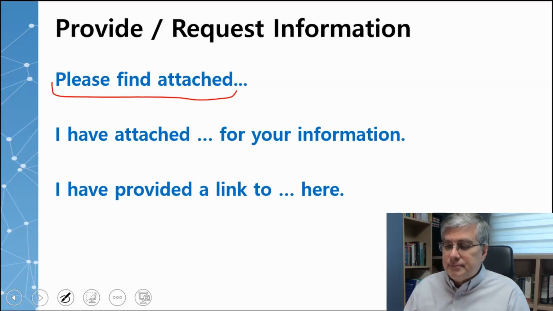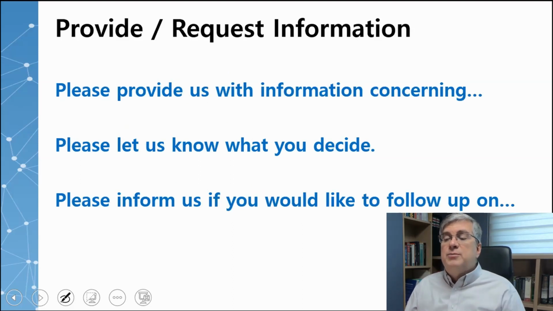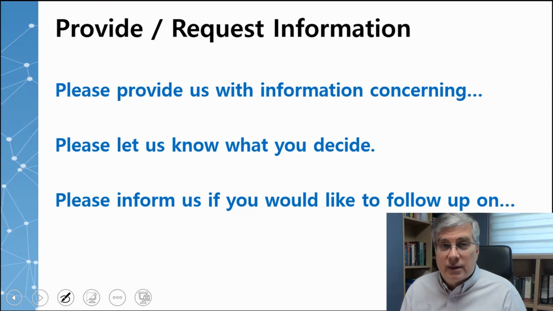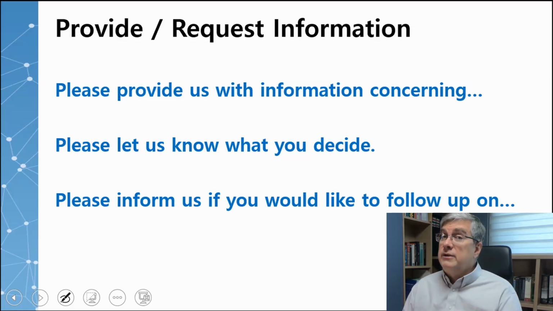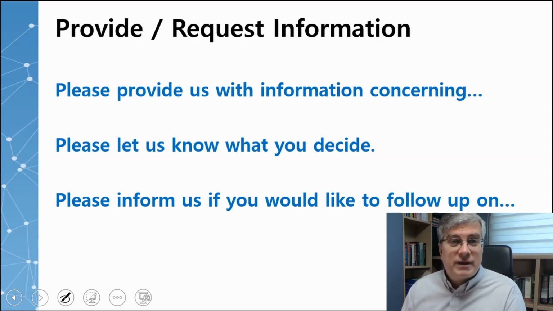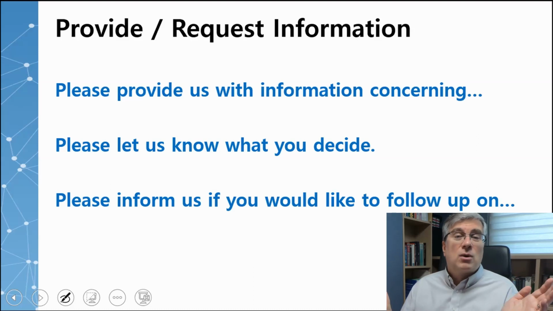Okay. You could also write, please provide us with information concerning, right? Now, in this case, you're requesting information, because maybe you want to know more about their products or their services, or maybe a schedule when you can arrange a meeting. Please let us know what you decide. That's just a general request.